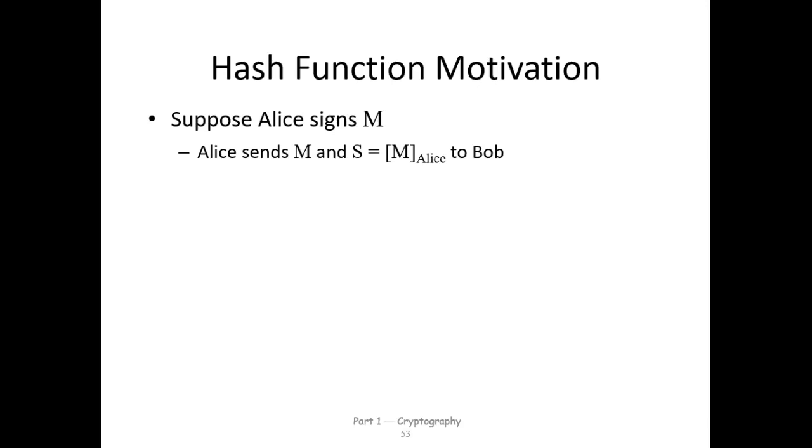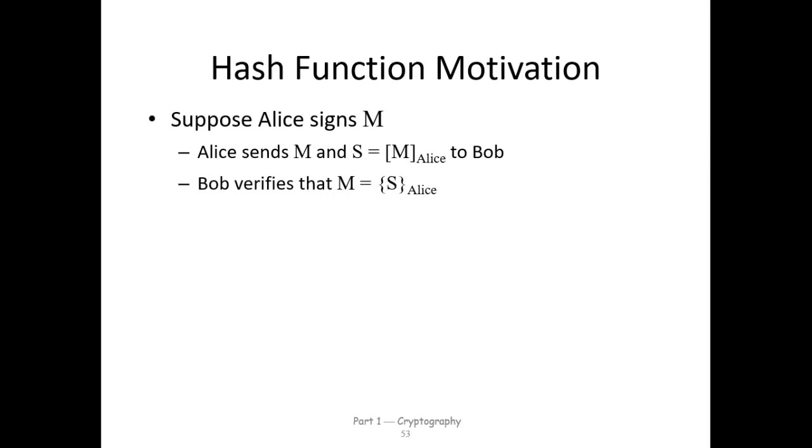So what Bob receives is M and S. Here S is actually equal to the signature of M by Alice, so she calculates some hash on that particular message. A very simple technique. Alice simply signs on M and sends the message along with S, that is the signature, M and signature, to Bob.